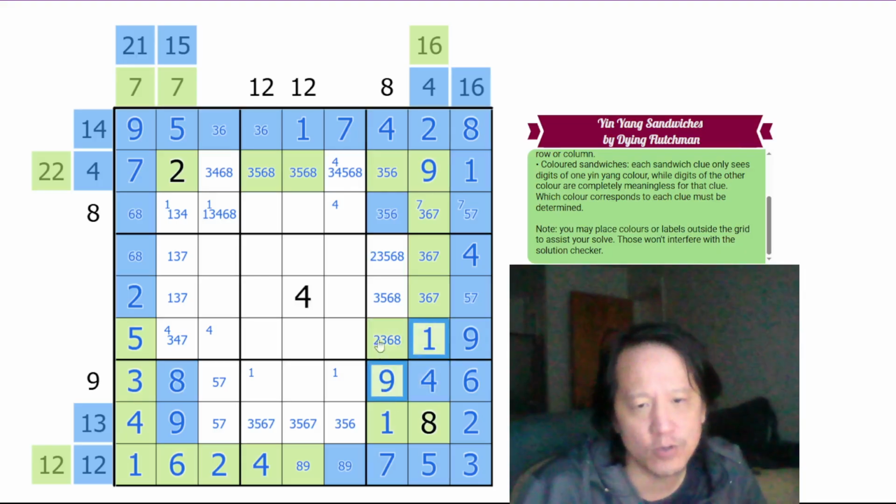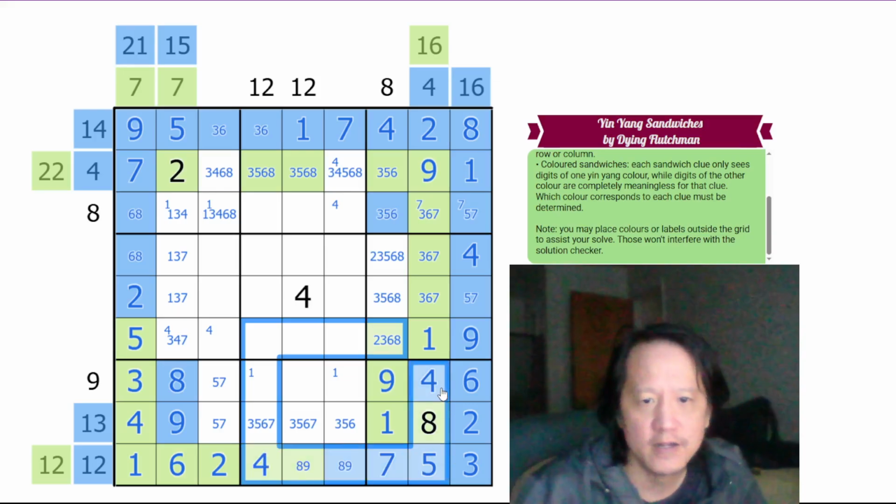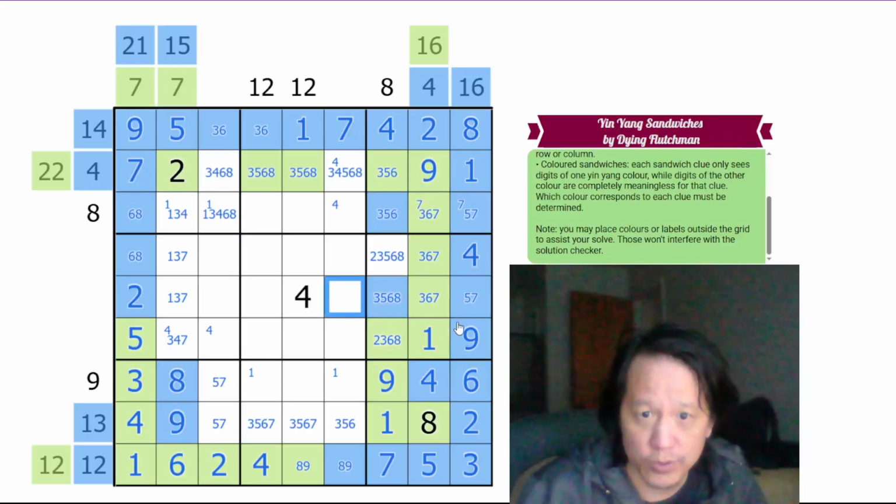You can't have diagonals be the same color and the opposite diagonals be the opposite color, because you can't form a singleton orthogonally connected region then. One of them would have to break up the other region, guaranteed. So therefore, this would be green, this would be blue.